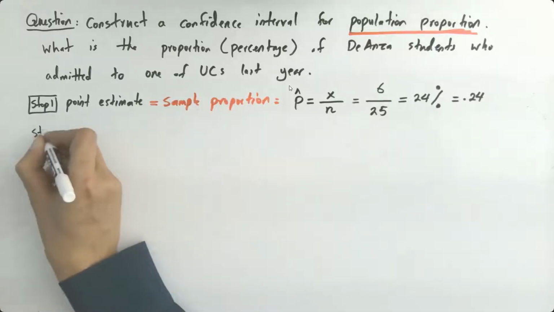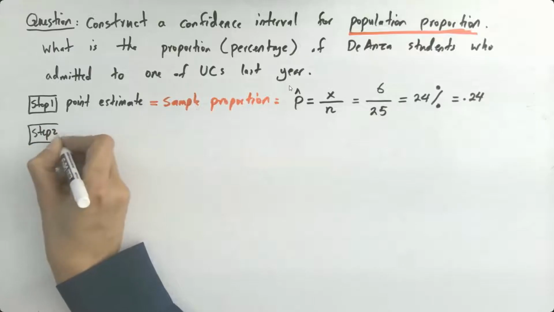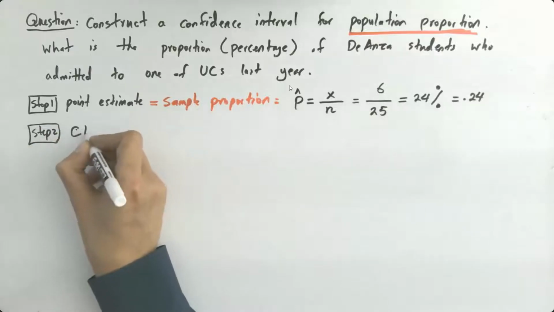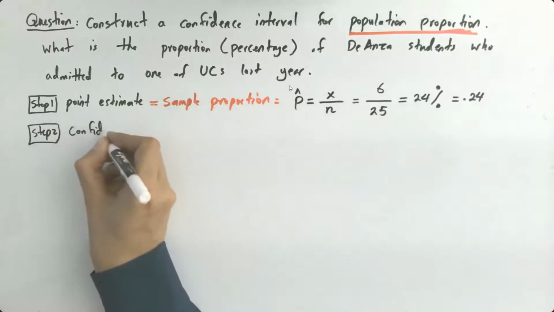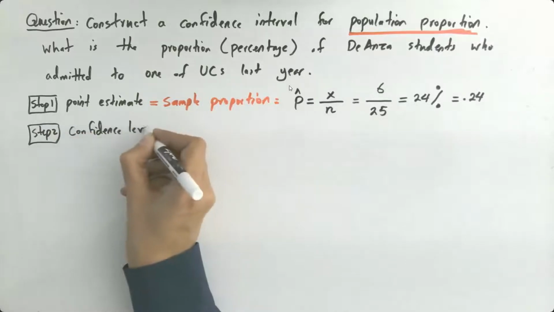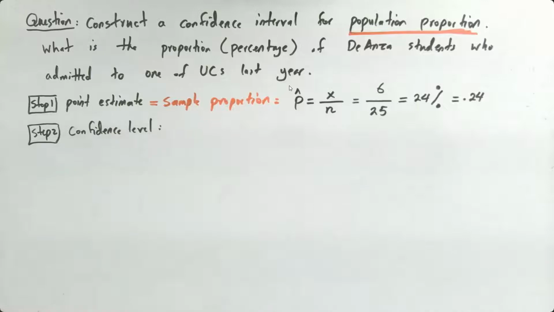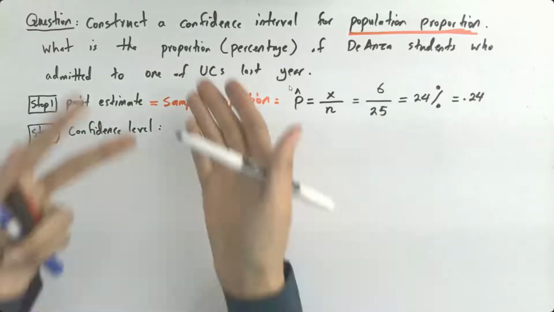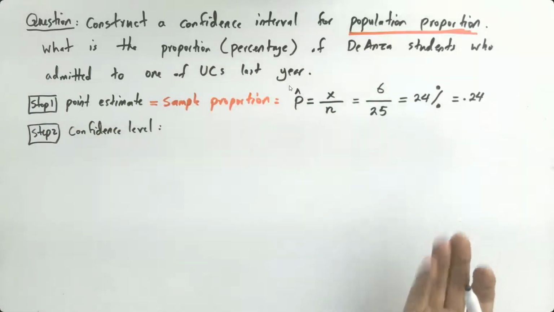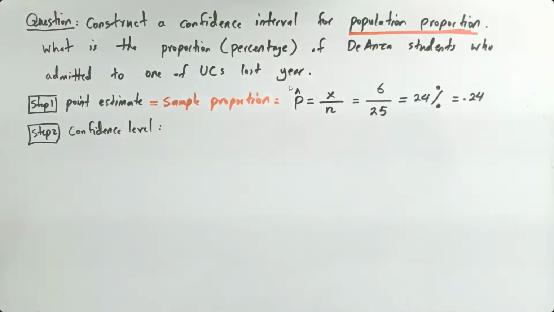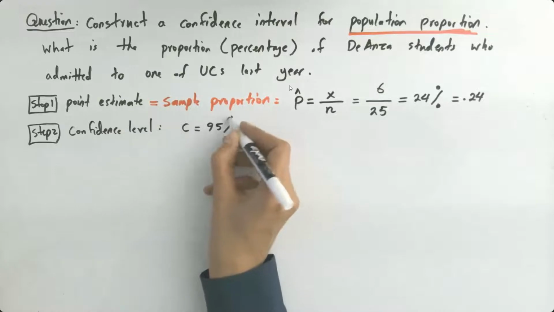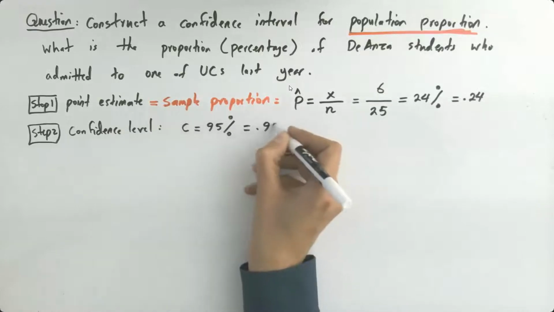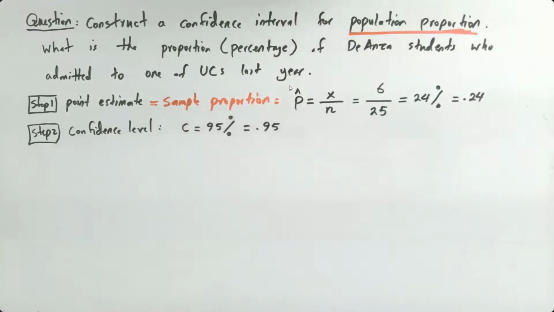My very first step is to find the point estimate. Step 2, what is the confidence level, CL? The confidence level is not given here. So I automatically select C to be 95% or 0.95.